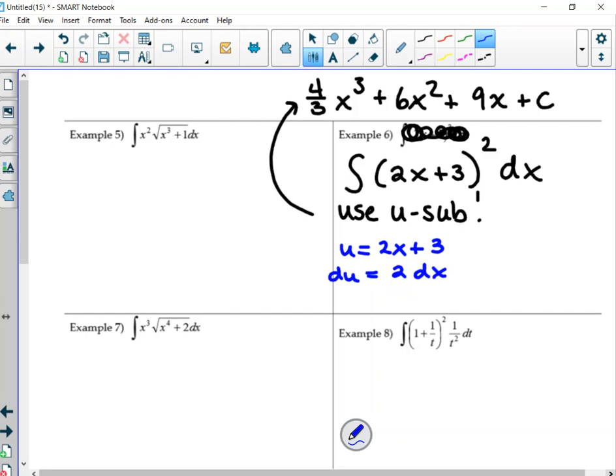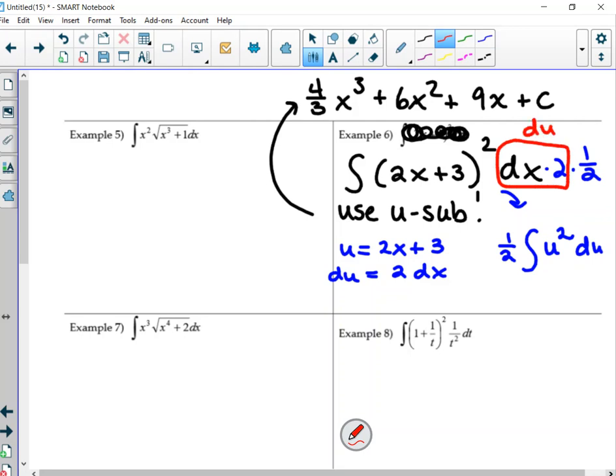I tend to do a lot of these with 2's, so I think we do get quite a few with 2's and 1/2's. That became du, that became u.